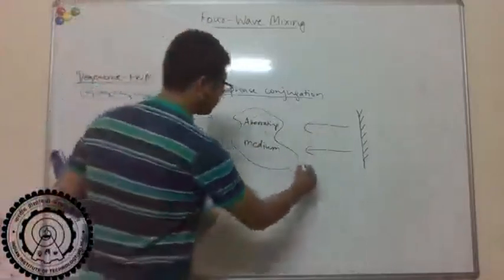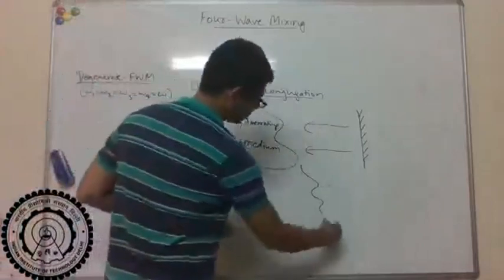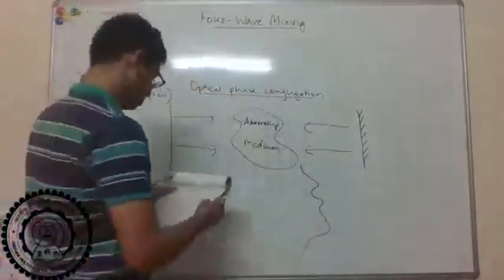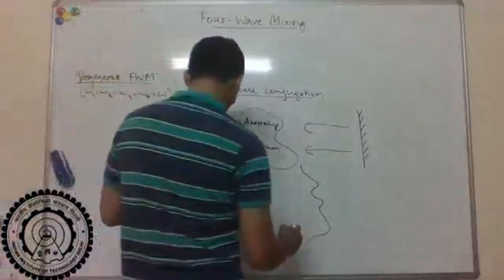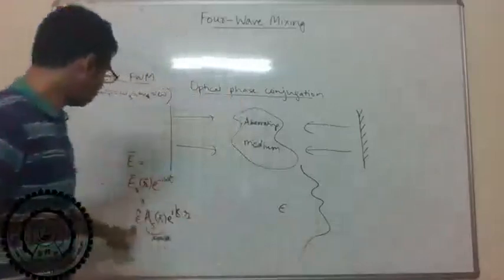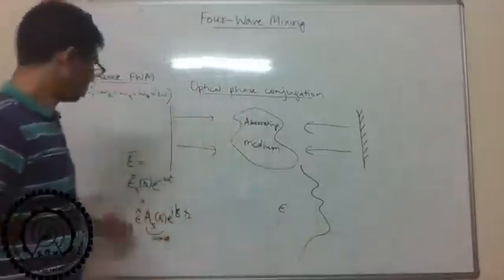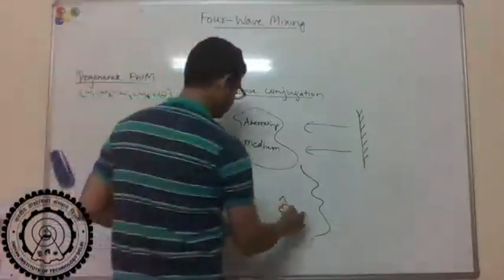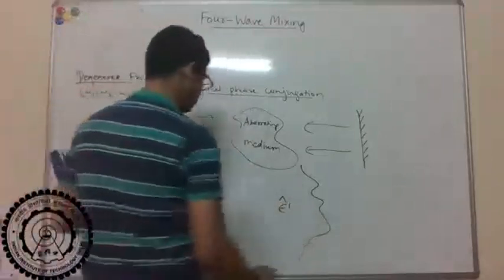So basically, what happens after this? My wavefront is very distorted. In general, the polarization could also change, so it should become some other epsilon prime.